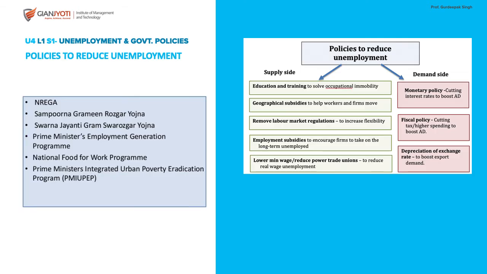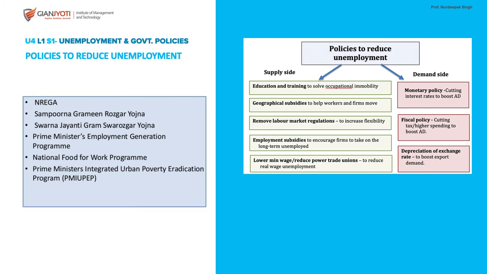Now, what are the different policies under the NEP which government has put in to reduce unemployment? Many policies, like NREGA I talked about, where you are given regular employment for a certain period of time, and government ensures that you get that.